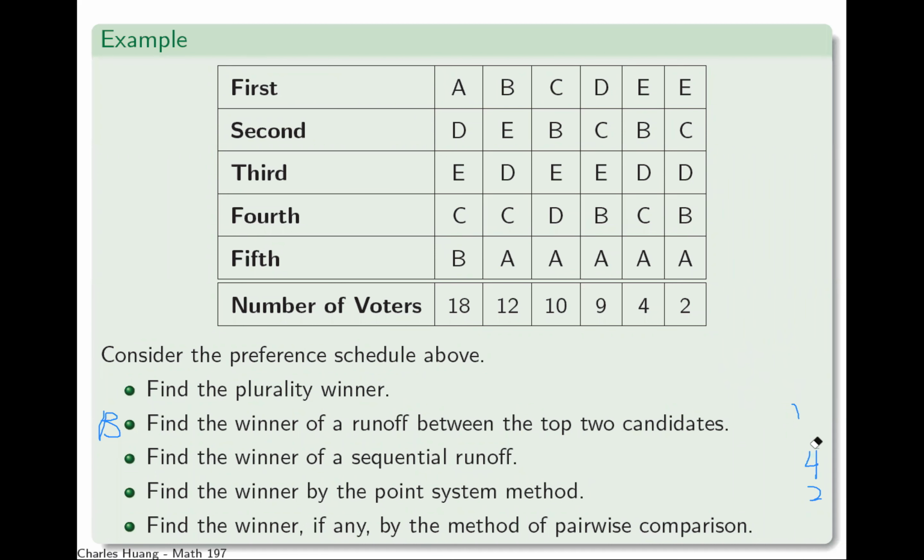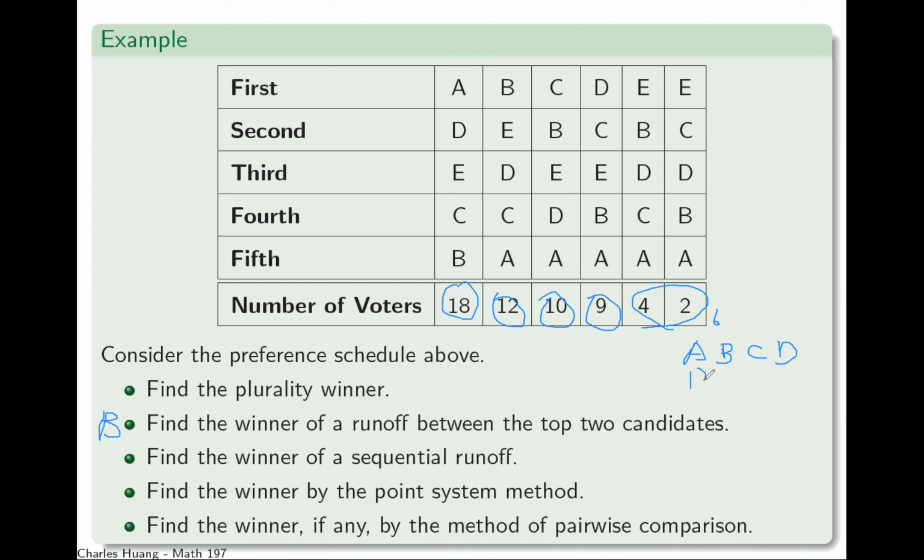For us to do sequential runoff is a little bit more work. We have to look at the first round. A has 18, B has 12, C has 10, D has 9, and E has 6. Now notice E has the lowest number of votes, so we'll do the vote again with A, B, C, D only.